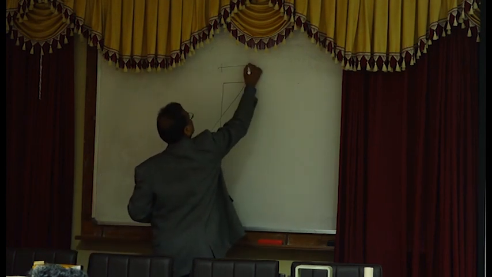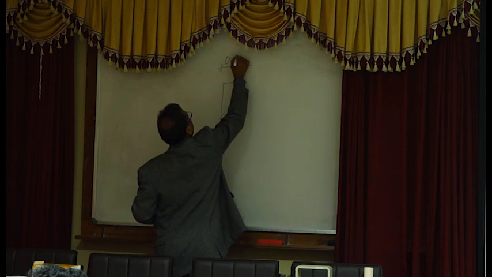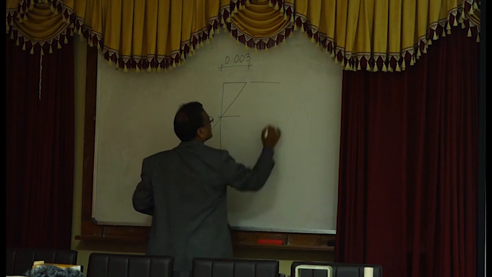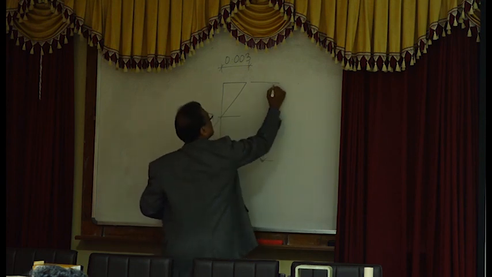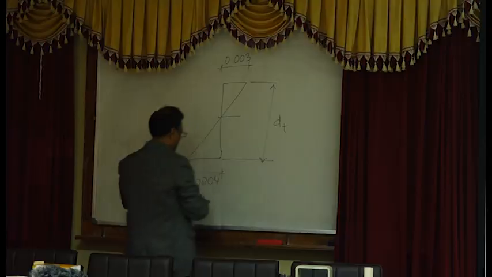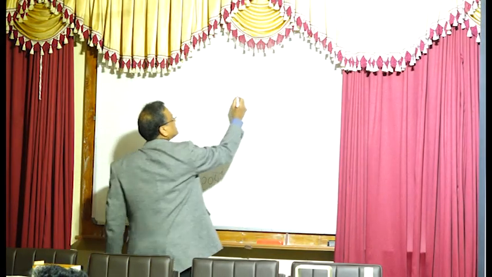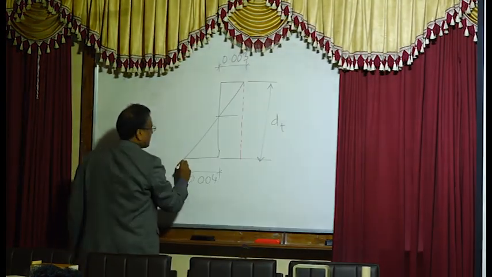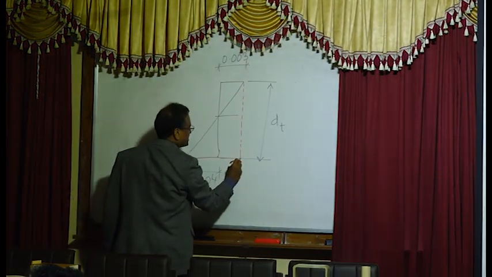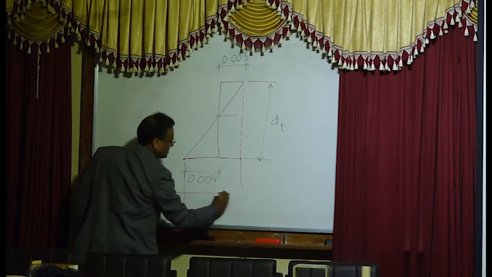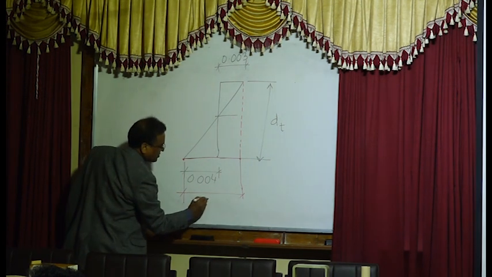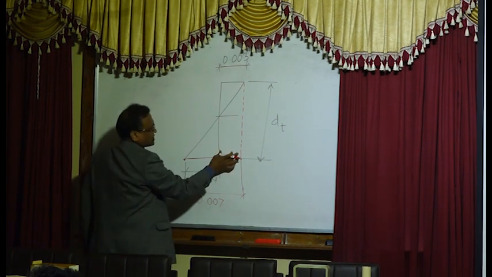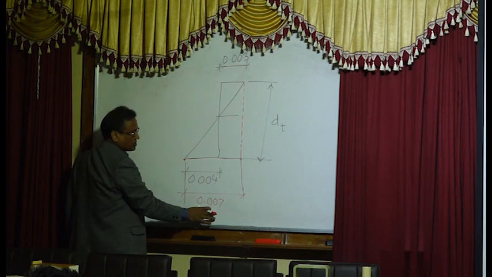This is 0.003. This depth is dt. If I extend this, from here to here is 0.007. This is 0.003 plus 0.004, which is 0.007.